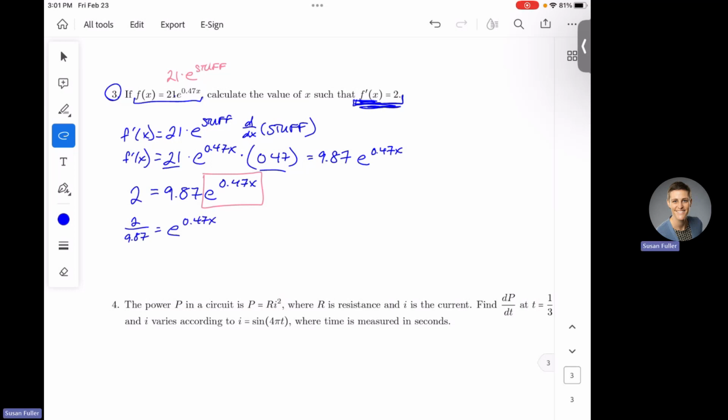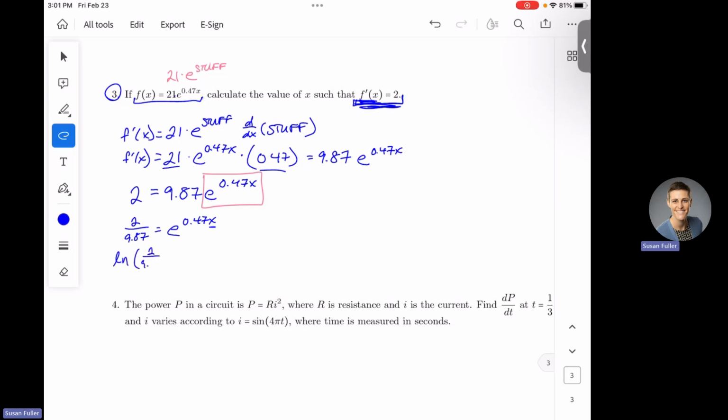From here, in order to get to x stuck up here in the exponent, we need to apply a logarithm. So you're going to take the log of both sides. You get to pick the base. Generally, we want to pick either base e or base 10. Because the base of my exponential here is e, I'm going to pick log base e, which is the natural log.